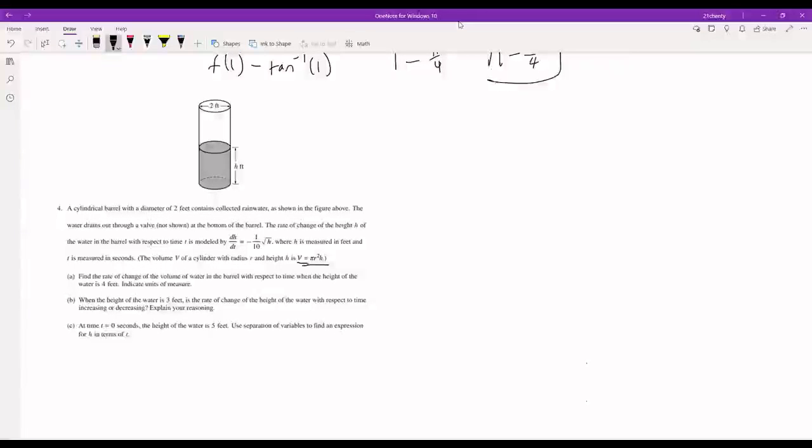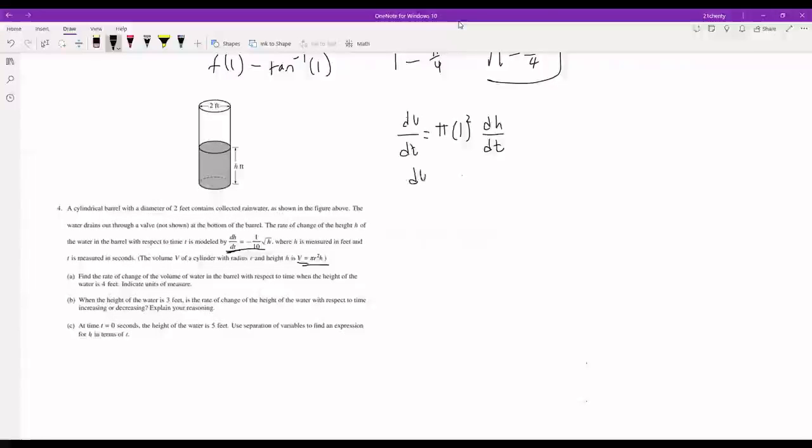And when we do that, we get dV over dt equals pi r squared. Oh wait, we also know the radius. Our radius is 1 foot. So pi 1 squared times dh over dt. And that means when the height of the water is 4 feet, dh dt right here, it gives us what it equals.